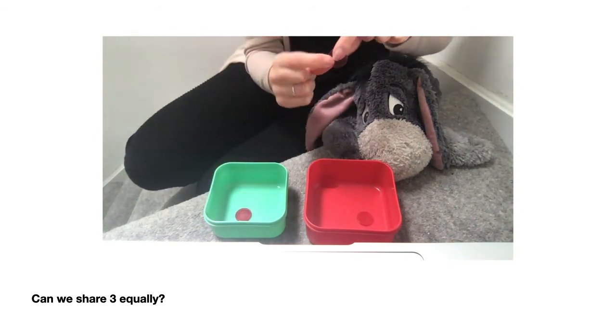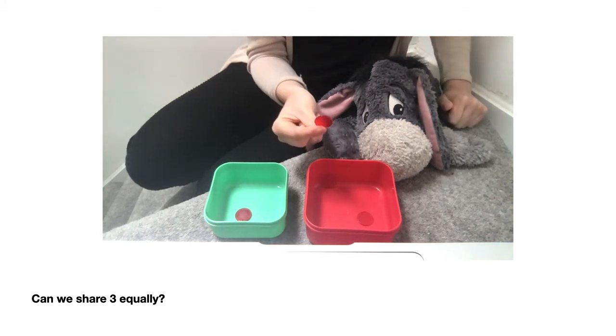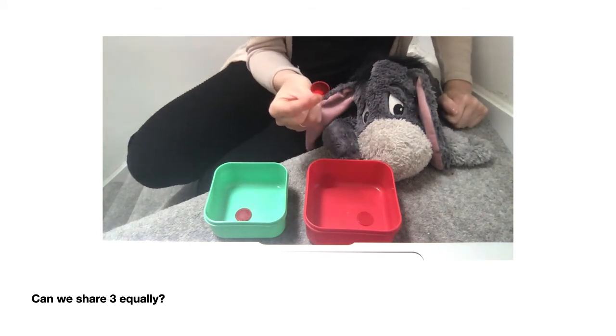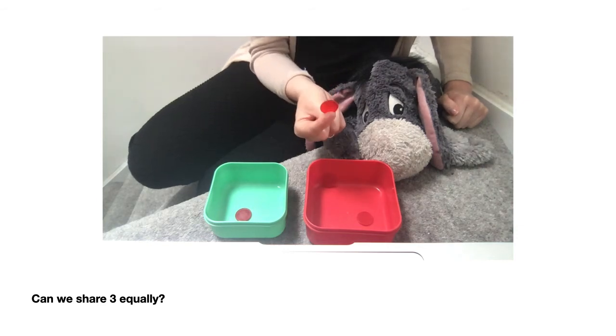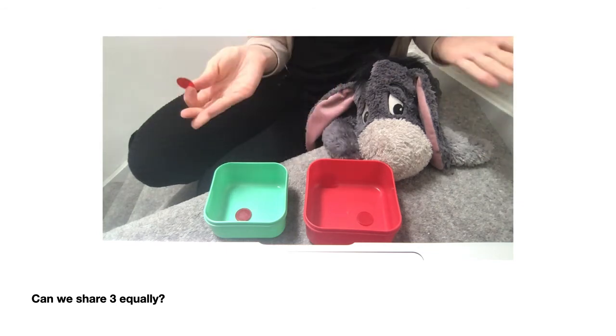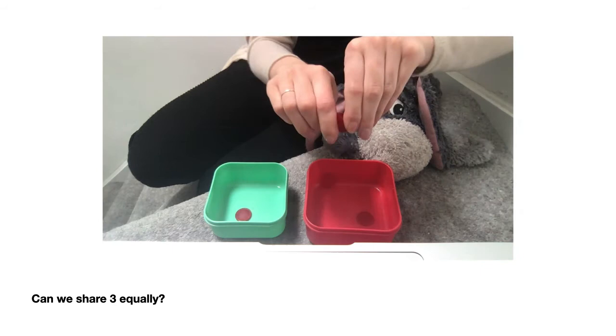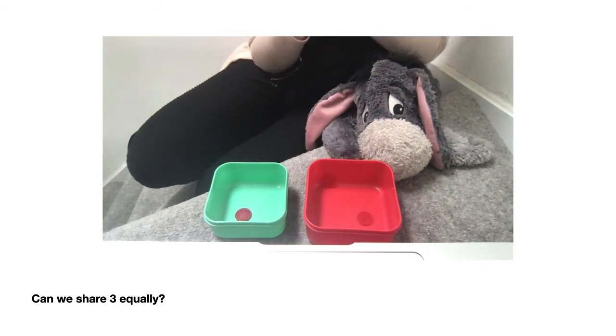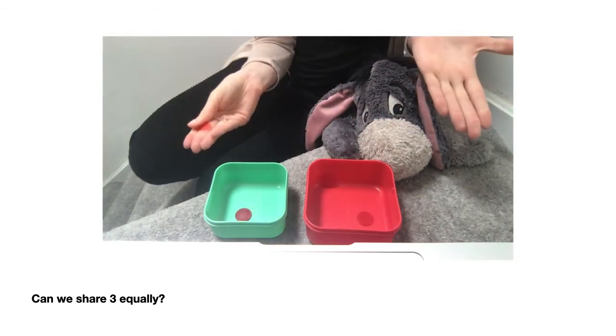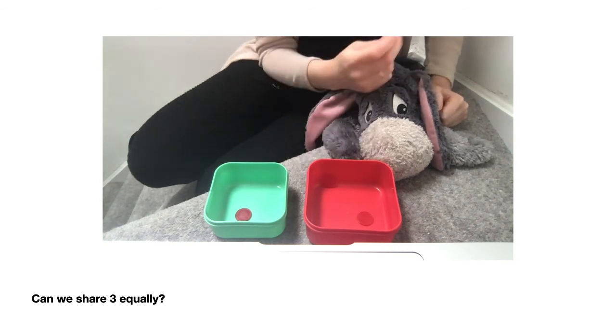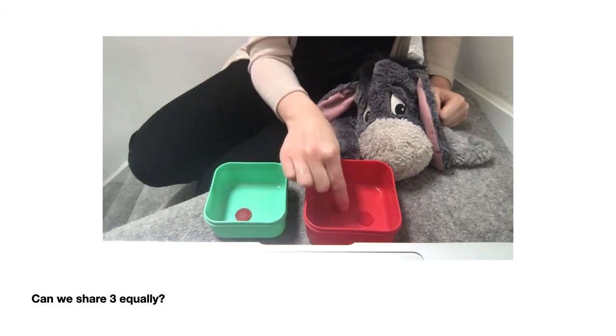Unfortunately, we cannot half the counter, so the counters are unable to be shared equally. It's unequal because there's 1 left over. There is 1 remaining. So sometimes if an object can be halved, we can share it equally, but sometimes we can't. It depends on what we are using.